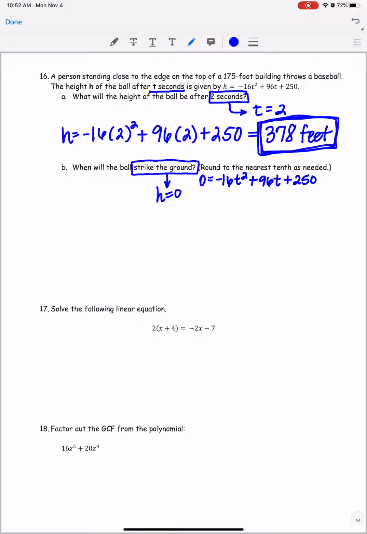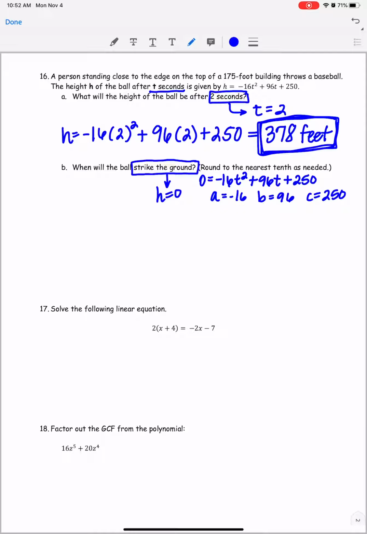Because this says round to the nearest tenth, I know this isn't factorable. So we're going to use the quadratic formula. My a is negative 16, my b is 96, and my c is 250.